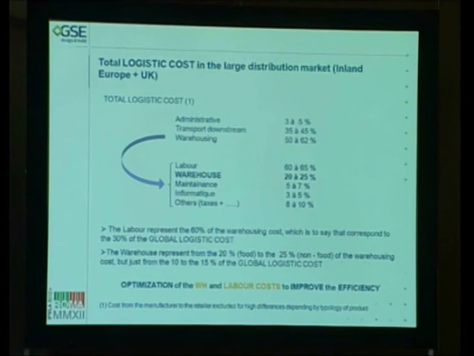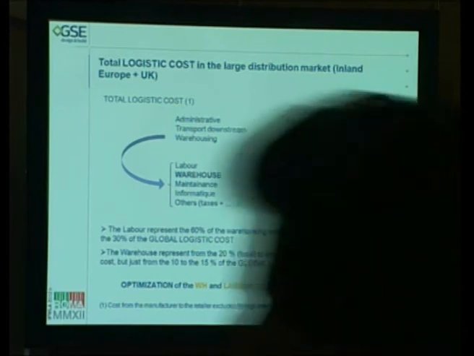If you split it into labor cost and the warehouse cost, which might be rent, maintenance, information and technology, and taxes and others, we see that the warehouse represents something like 20-25% in the non-food markets of the global logistic cost, whilst the other major part is represented by the labor, 30% of the global logistic cost.